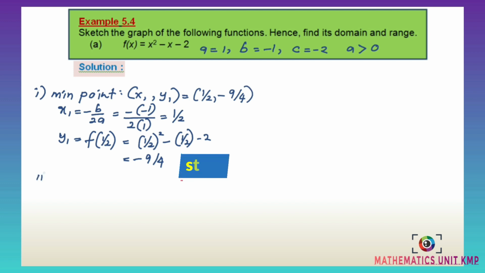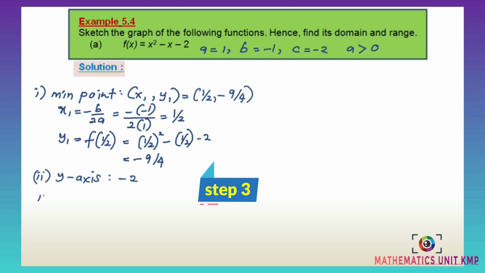Second step, find the y-axis intercept. The value of c is negative 2. And third step, find the x-axis intercepts.